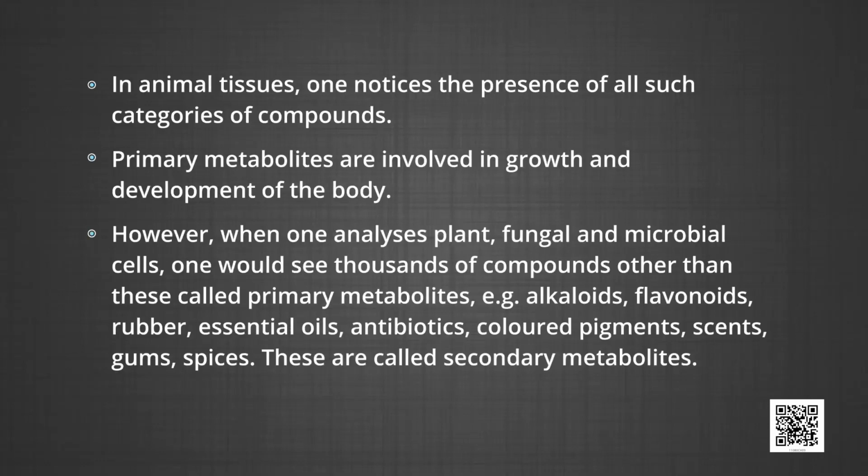However, when one analyzes plant, fungal and microbial cells, one would see thousands of compounds other than these primary metabolites, and they are called secondary metabolites. For example, alkaloids, flavonoids, rubber, essential oils, antibiotics, colored pigments, scents, gums, spices, etc.